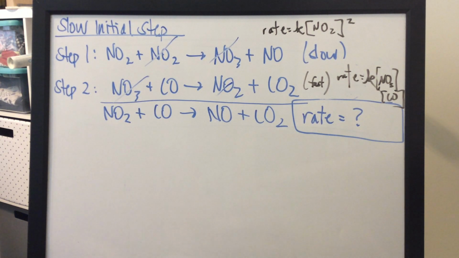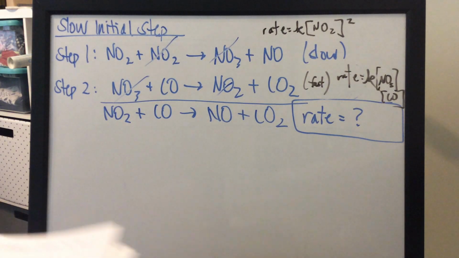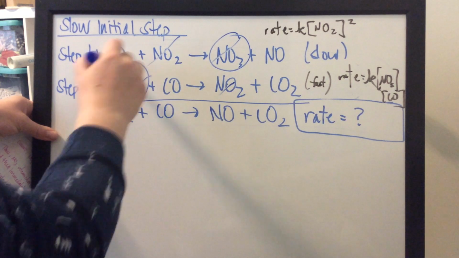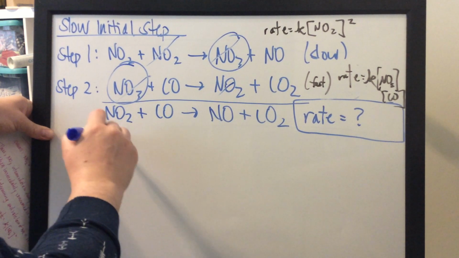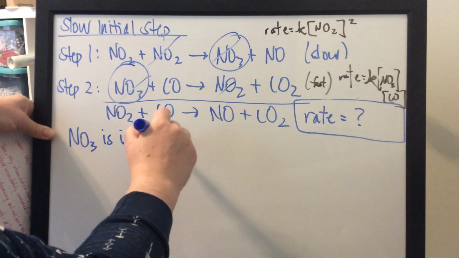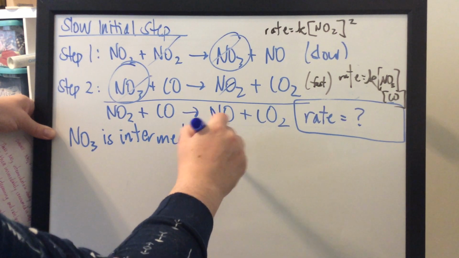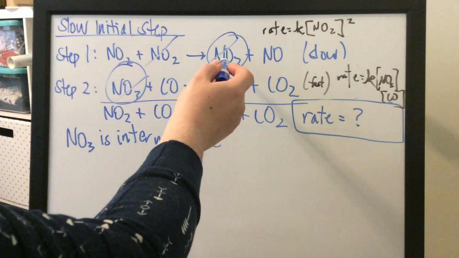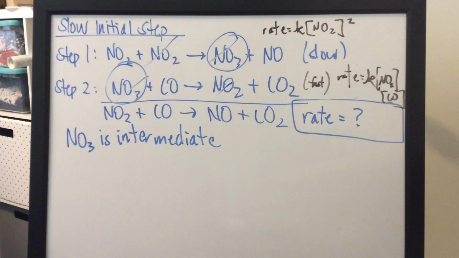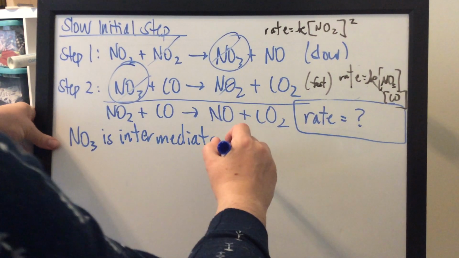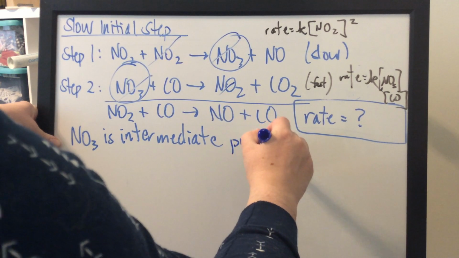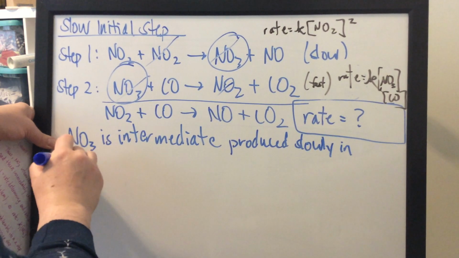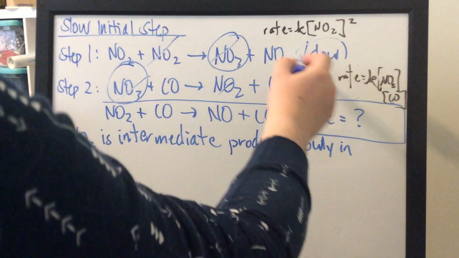Okay, now, so first, some kind of background information. So NO3 is an intermediate, okay? Why is it an intermediate? Well, because it fits a description of an intermediate, that it's produced and then consumed. So it's made in the first step and it's used up in the second step. So it's an intermediate that is produced slowly in step 1. Why? Well, because it's the slow step.